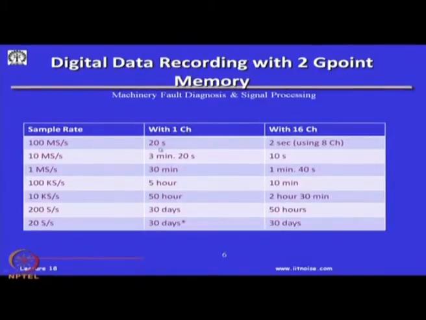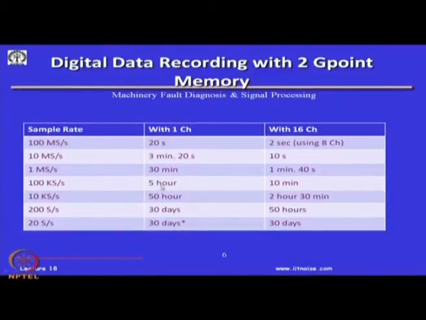With a single channel, I can record 20 seconds of data at 100 mega samples per second. That is a very high sampling rate, whereas we would even be happy with 5 kilo samples per second. For a mechanical signal, if you sample at 100 kilo samples per second, with a single channel you can record 5 hours of data.